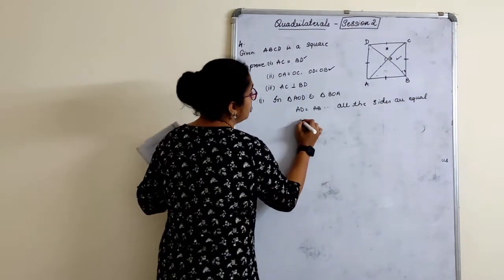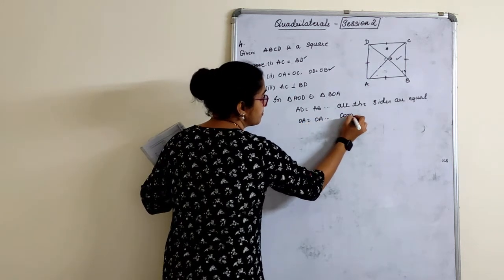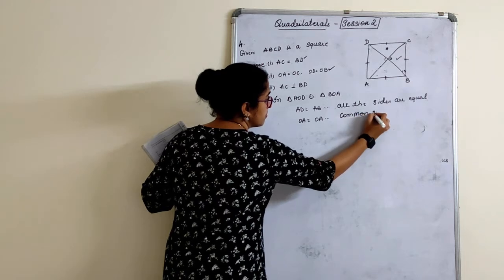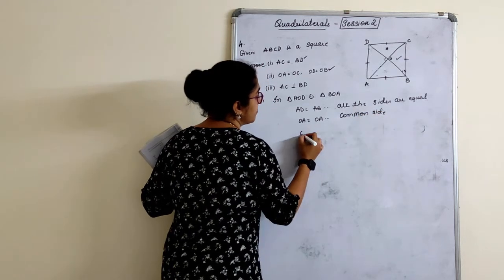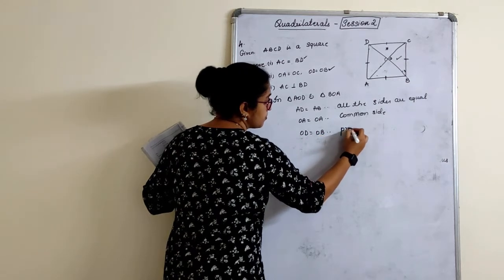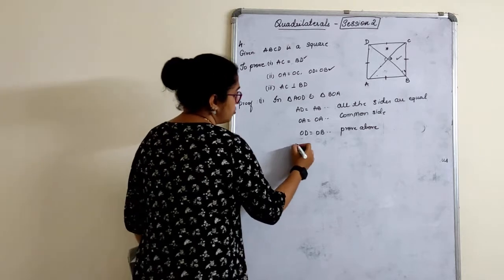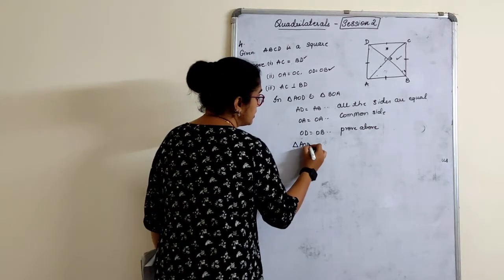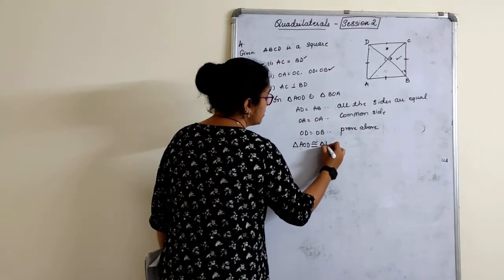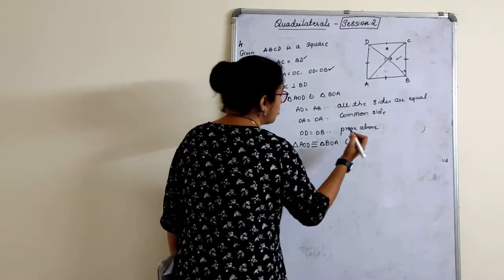Then OA is equal to OA, common side. Then OD is equal to OB, proved above. We have just proved that by CPCT. So triangle AOD is congruent to triangle BOA by SSS congruence rule.